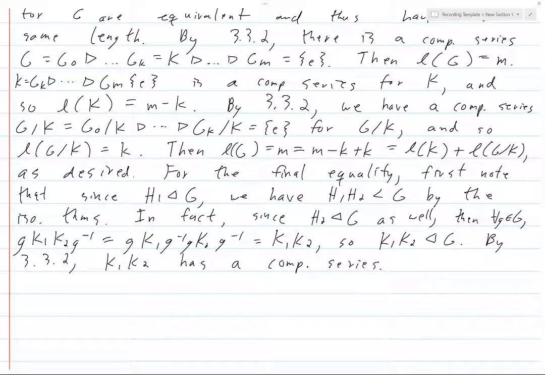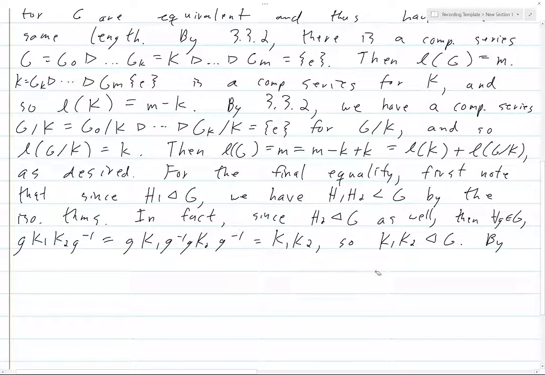No, that's not what I need here. So K1 K2 is normal in G. Yeah, I don't think I need to have that the product K1 times K2 is normal in G. You know, I'm going to put this part in parentheses because I don't want to have to think about this on the fly, so that it's not included if it's not necessary.